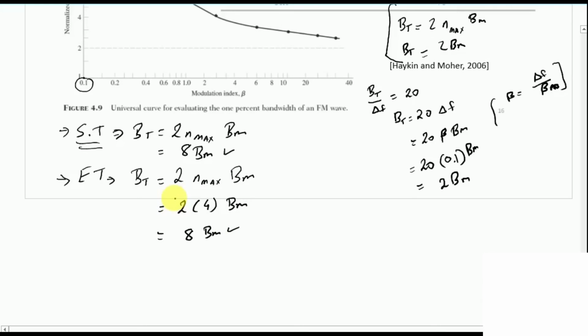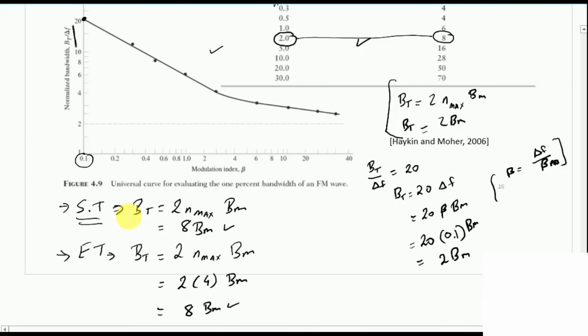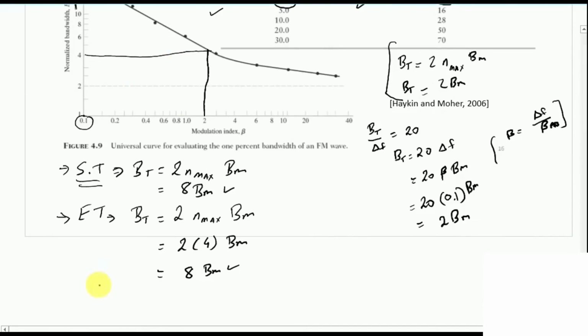Now let us again look into the universal curve. So if we are interested in beta equal to 2, so this would be approximately equal to 4. So if it is approximately equal to 4, so we can say from the curve the normalized transmission bandwidth bt by delta f is approximately equal to 4.